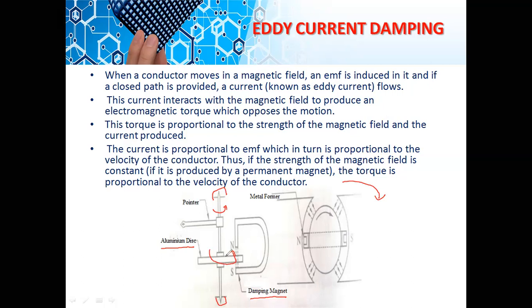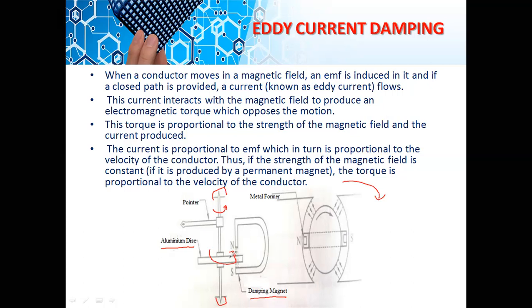So when a conductor cuts the magnetic field, obviously it is changing. Because it is moving, the conductor will be cutting changing flux. So there will be EMFs induced inside the aluminum disc.